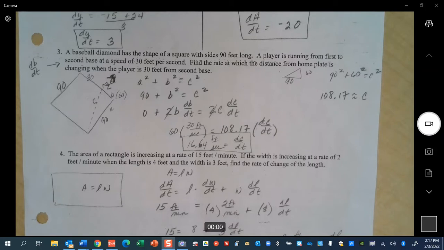It's increasing at a rate of 16.64 feet per second. I needed to do a little Pythagoras over here to figure out at that moment what was C. If he's 30 feet from second base, that meant that this was 60, so he's actually a little further along than in my picture.